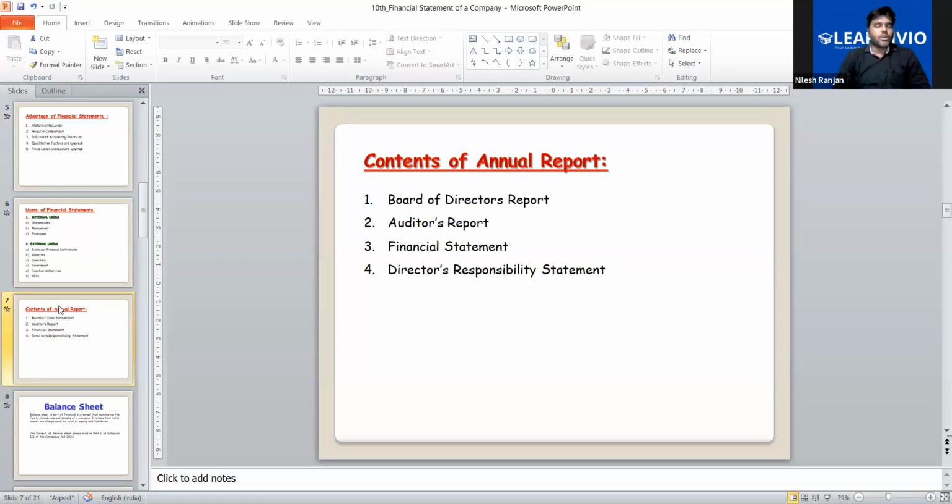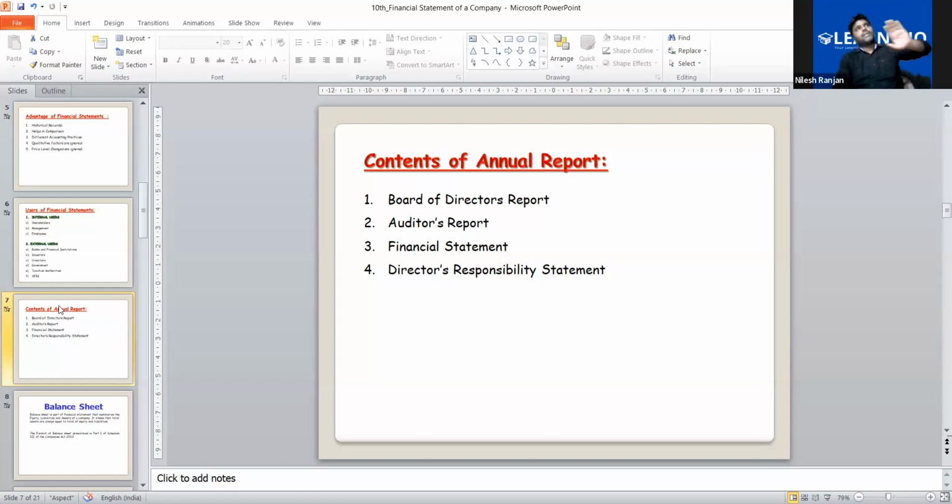The next is auditor's report. Actually, before auditor's report, you have to understand director's responsibility statement. What is director's responsibility statement? It means that directors have some responsibility in the business, like preparation of financial statement, operation of business, and all these things. Apart from these, there are some other responsibilities also, but that is different. You will not understand this.